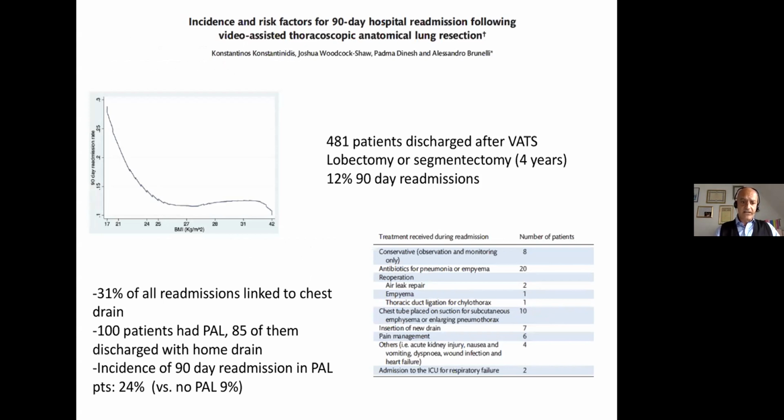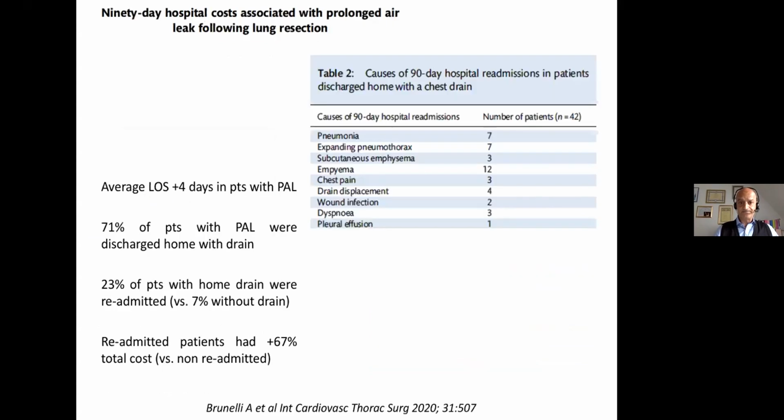And the incidence of 90-day readmission after VATS anatomic resection in patients with prolonged air leak was, in our series, 24%, which is very, very high, especially in this group of patients undergoing minimally invasive surgery, in whom the expectations of a fast recovery and a positive outcome are very high.